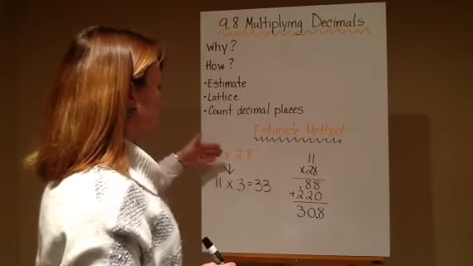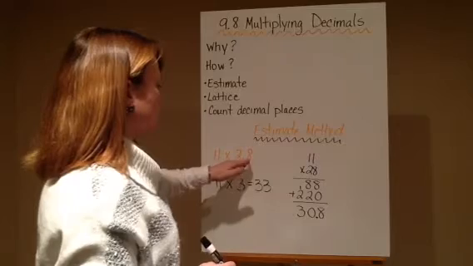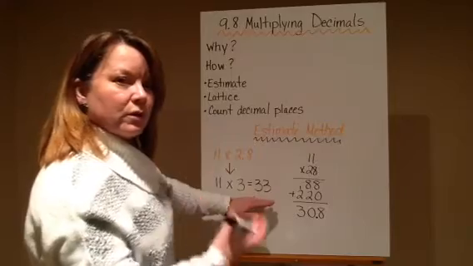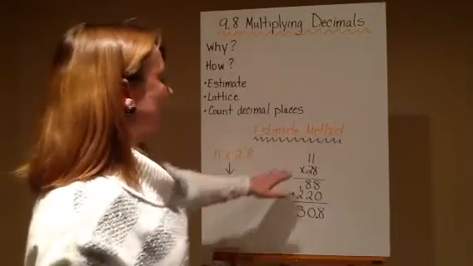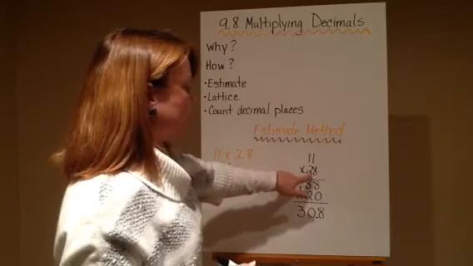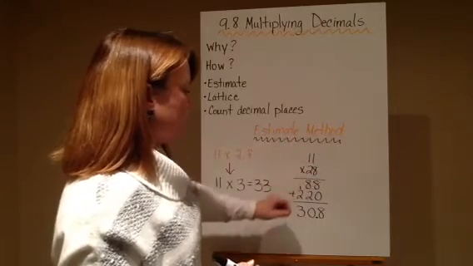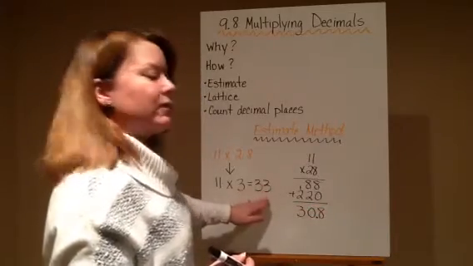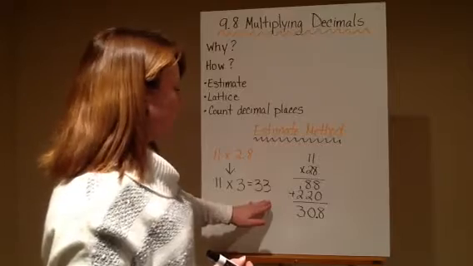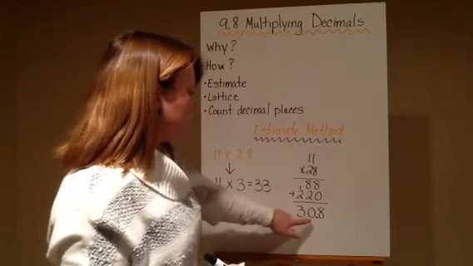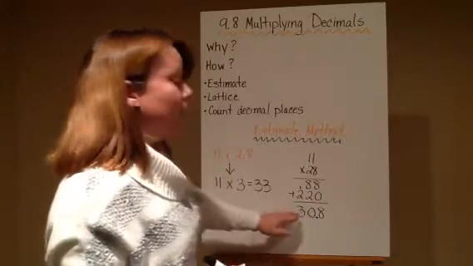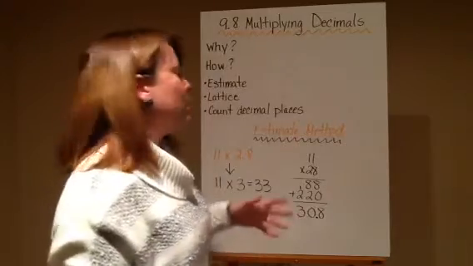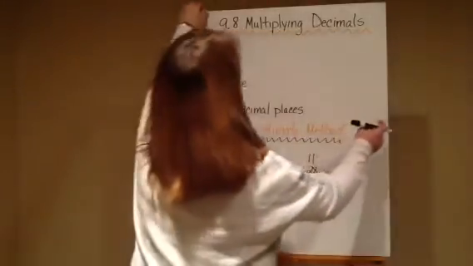Basically, we round the decimal to a whole number, get an estimate of something close to what our real answer would be, and then multiply the real numbers without the decimal point. I got that big 308, and that made me look back at my original estimate so I could figure out that my answer must be in the 30s, not in the 300s. So that's how I decided where to put that decimal point. That's one method that you can use.